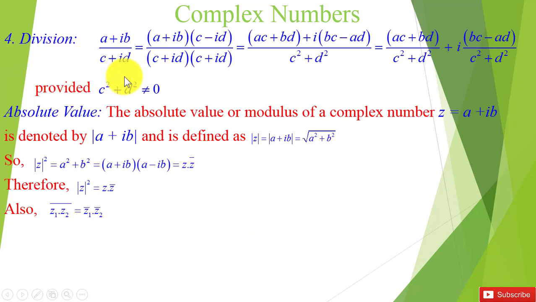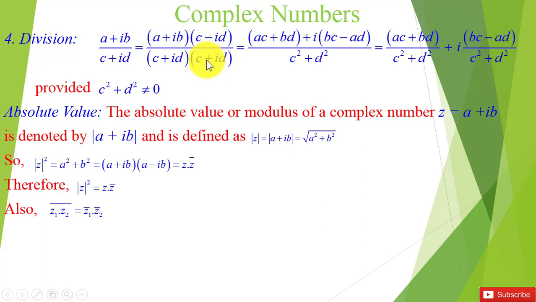Division. (a plus ib) by (c plus id) is equal to (a plus ib) by (c plus id), and multiplying numerator and denominator by c minus id.